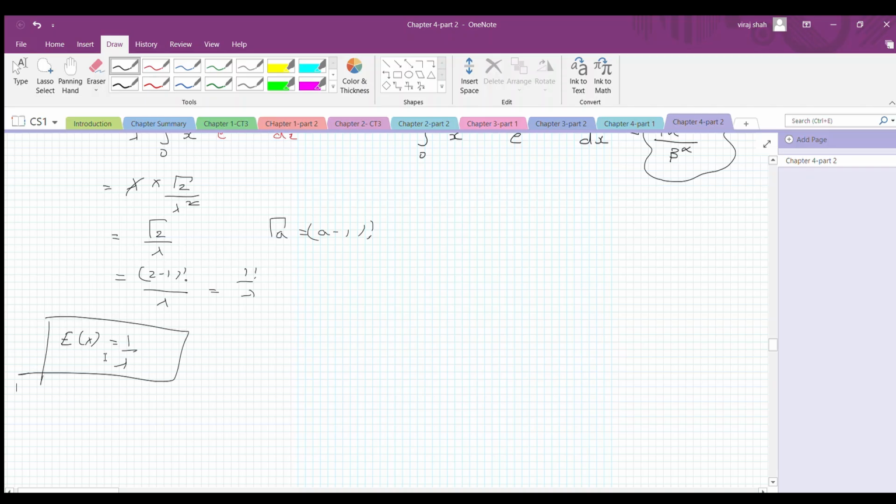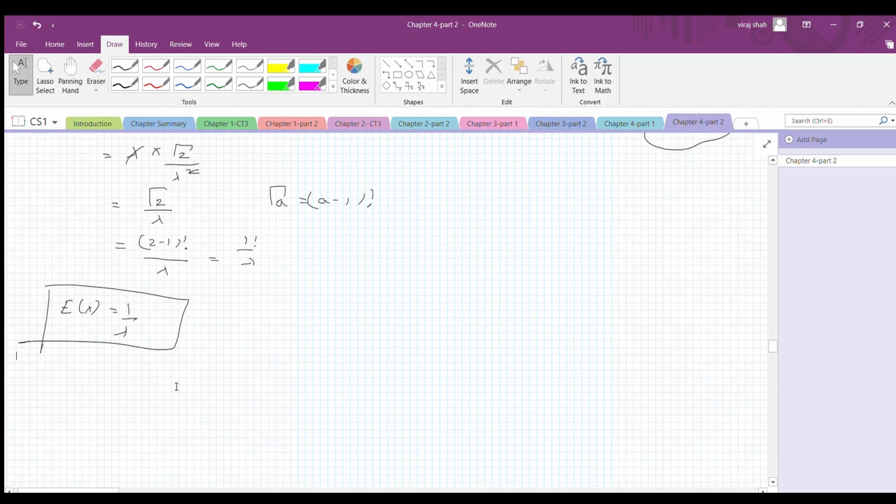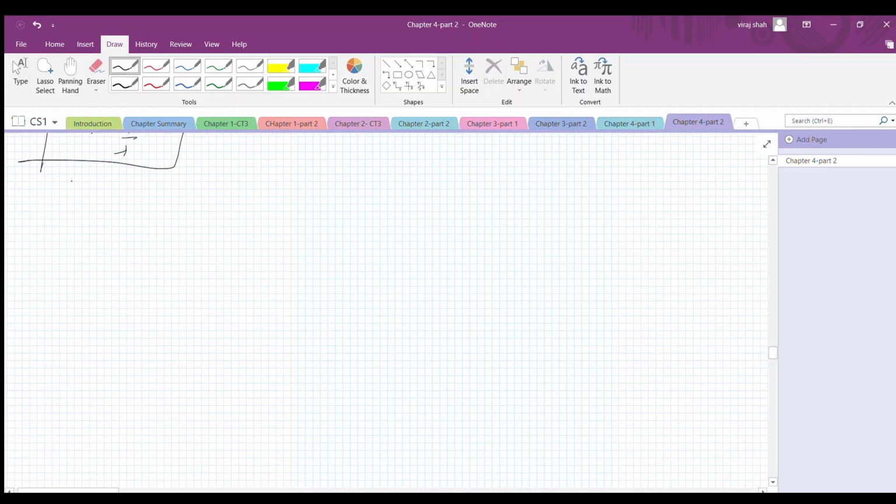Okay, we found expectation of x. Now we will find variance. How do I find variance? Similar step, which is nothing but expectation of x square minus expectation of x the whole square. We have expectation of x, we just want expectation of x square. So let me write down expectation of x square.